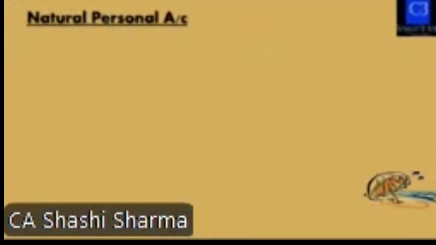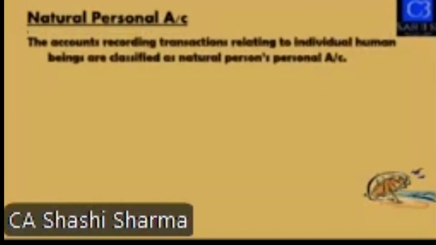So first of all, natural person account under the personal category. Personal accounts are related to persons. Look at the sentence. It says accounts recording transactions relating to individual human beings are classified as natural person personal accounts.